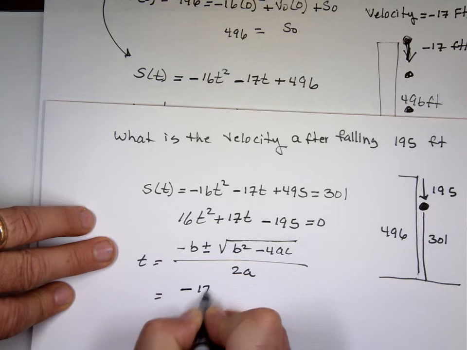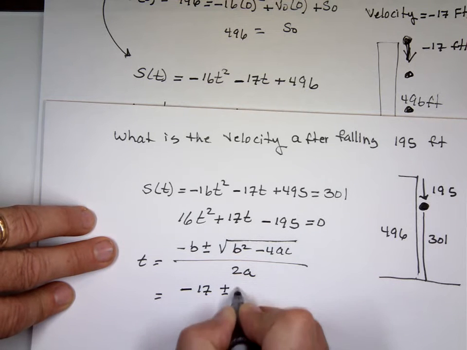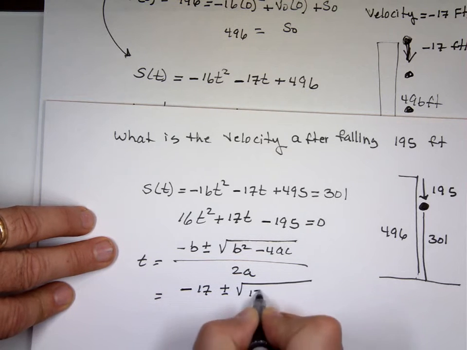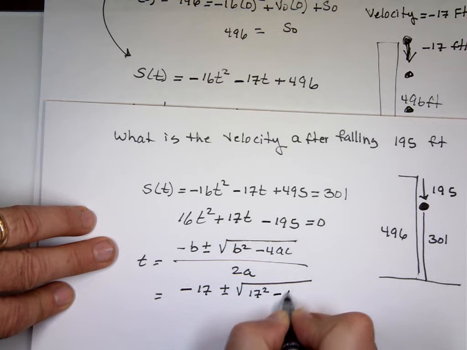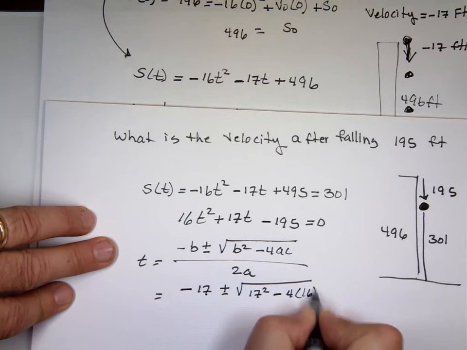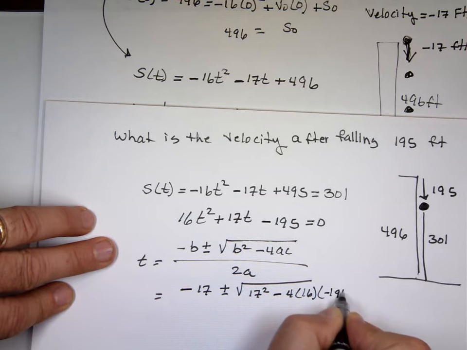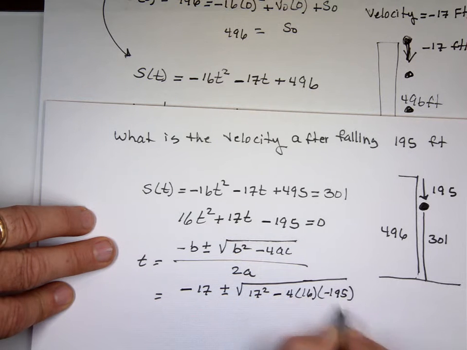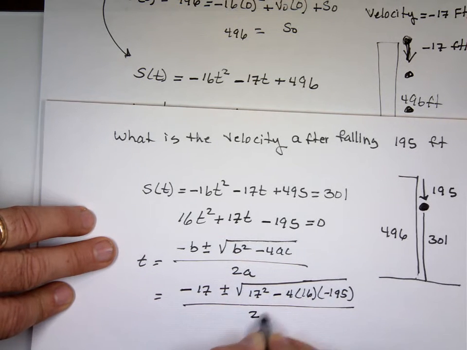Minus 17 plus or minus the square root of 17 squared minus 4 times 16 times negative 195, over 2 times 16.